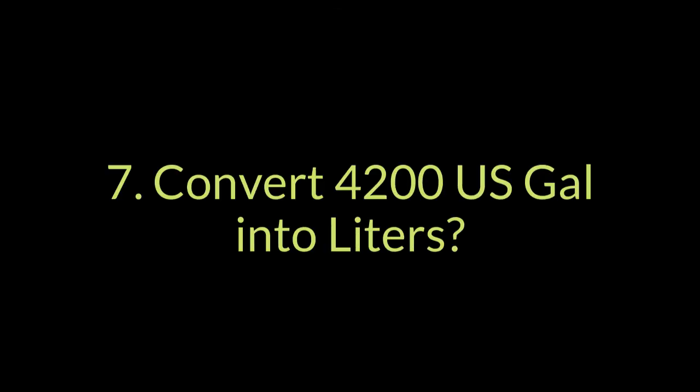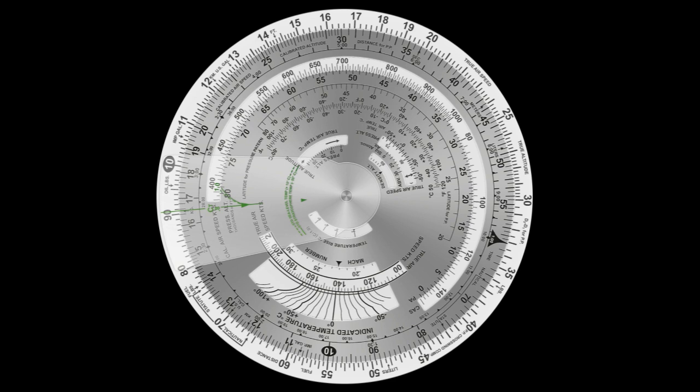Then the next question asks to convert 4,200 US gallons into liters. To do this I must have a generic idea of the measure size. I know that a US gallon is more or less 2.6 liters, so looking at 4 US gallons, we will be around 10 liters.